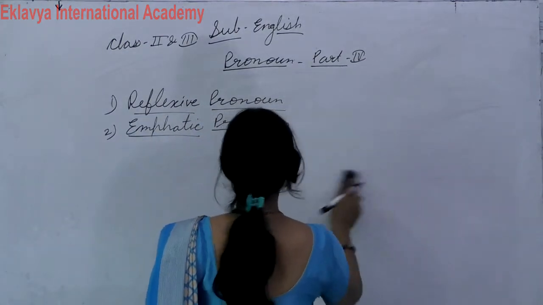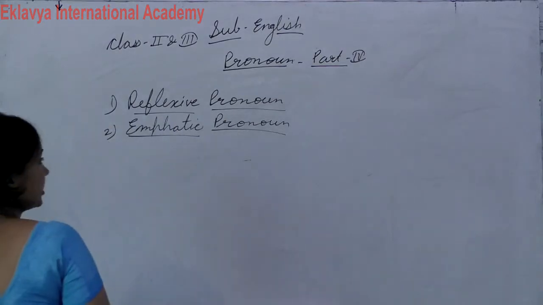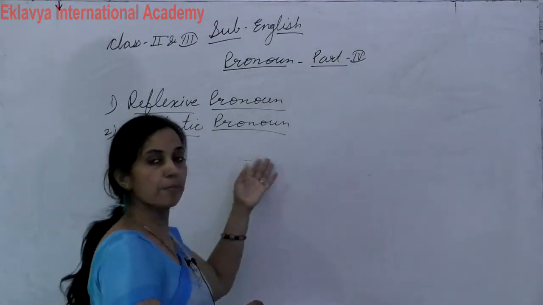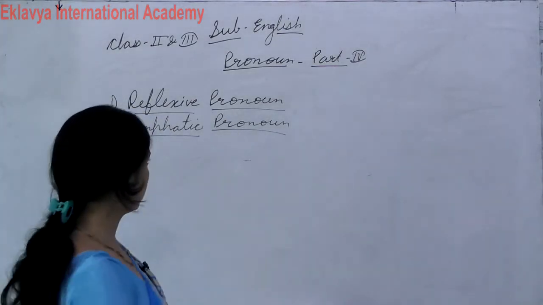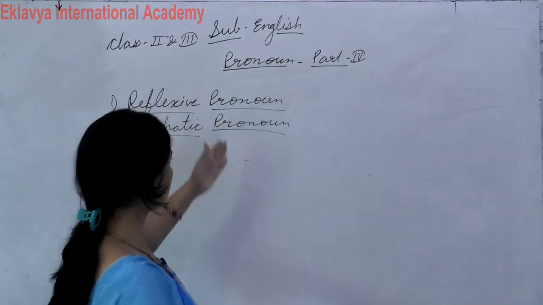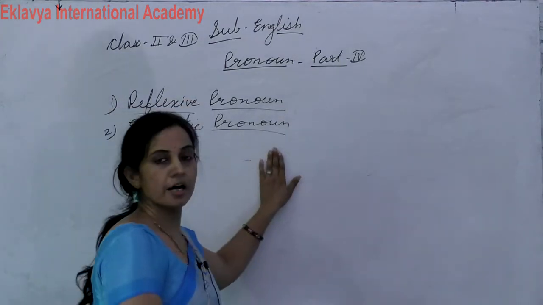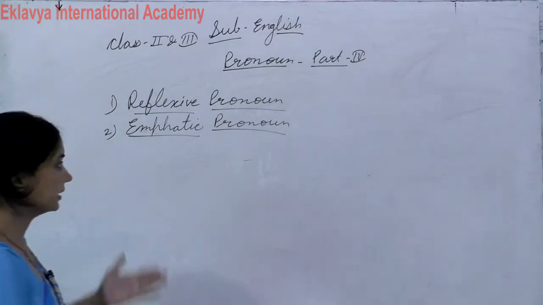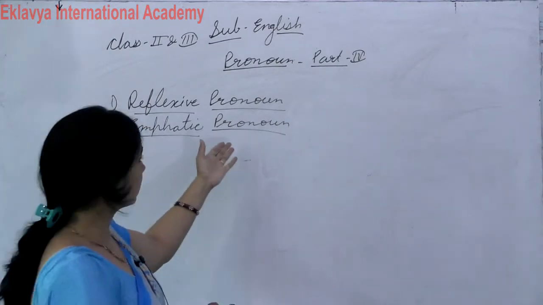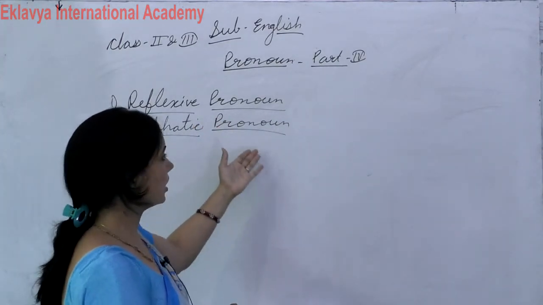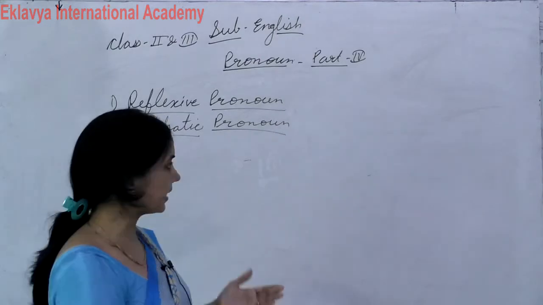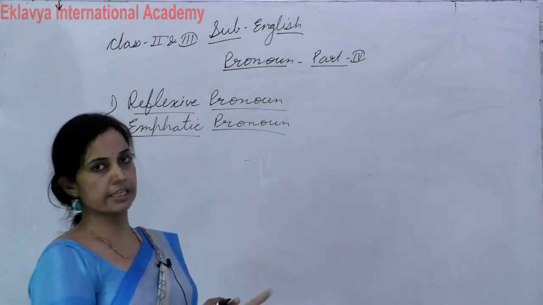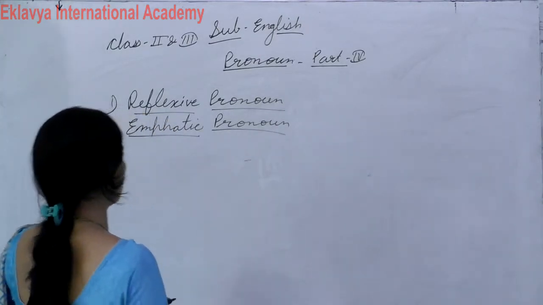So now students, reflexive and emphatic pronouns are also called compound pronouns. I repeat again, reflexive pronoun and emphatic pronoun are also called compound pronouns because they are formed by adding self or selves to the personal pronoun.